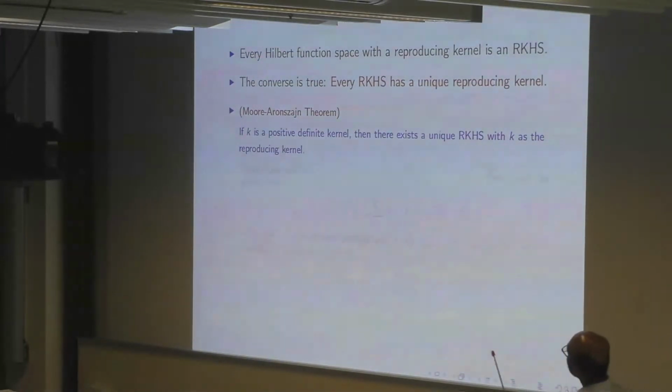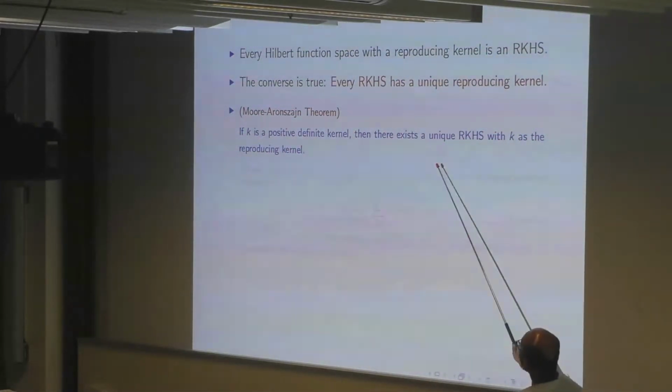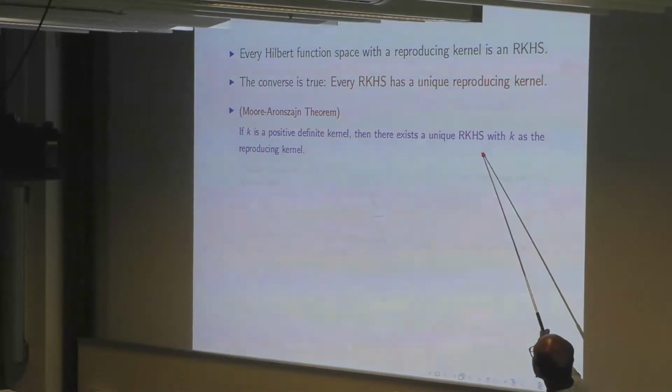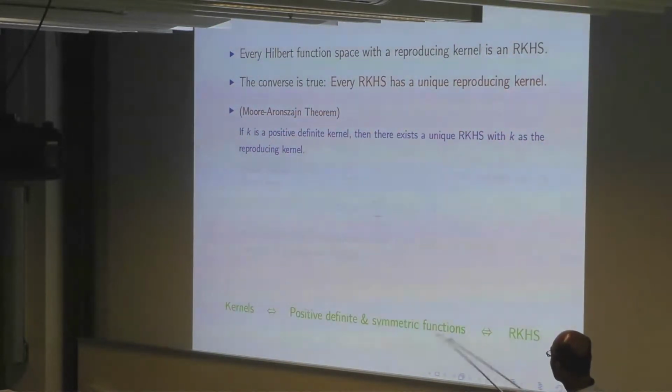Okay. So the Moore-Aronszajn theorem says, if I have a bivariate function which is a positive definite kernel, then there exists a unique RKHS with that kernel as the reproducing kernel. Okay, so in fact this is the theorem which ties everything.